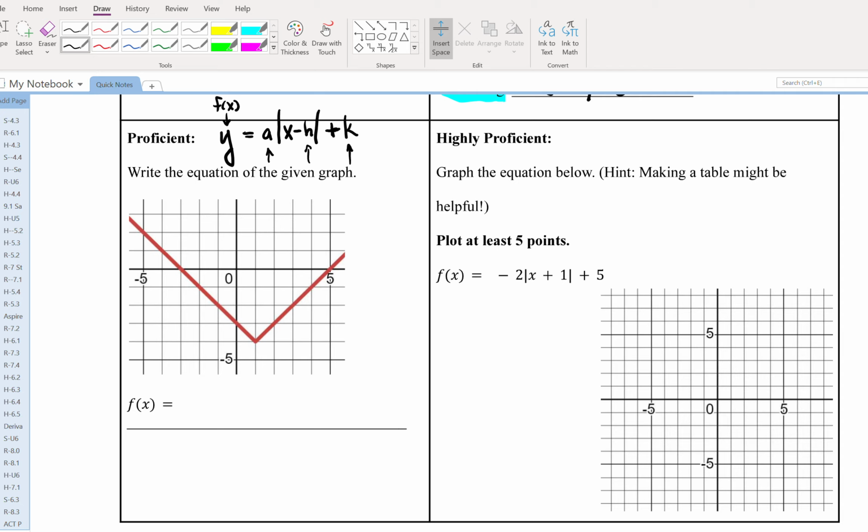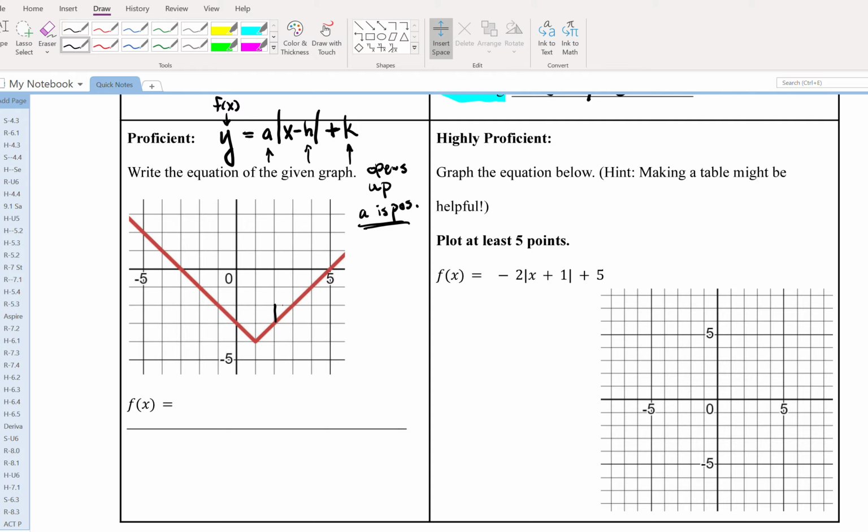And so one thing we know is that this opens up. Since this opens up, we know that a is positive, and then we just look at the slope.